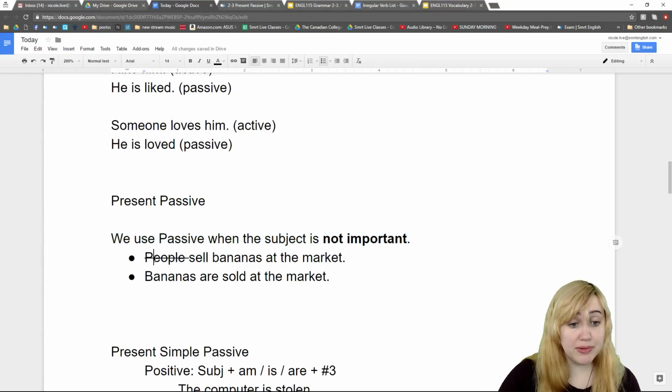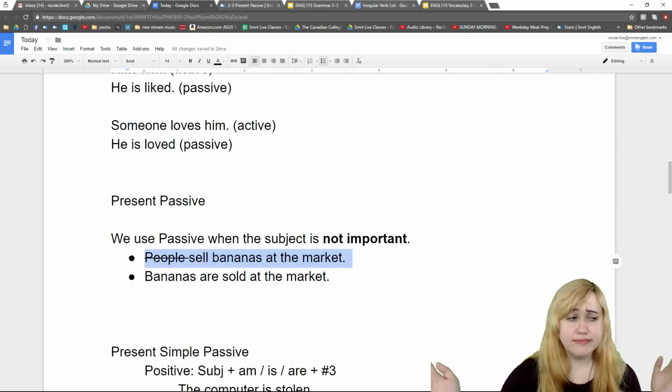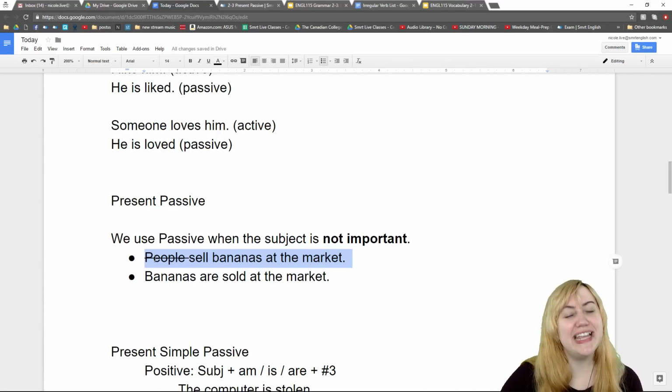So for this example, people sell bananas at the market. We don't care about people. We care about bananas. So bananas is important. Who sells them? We don't care. We just want our bananas.